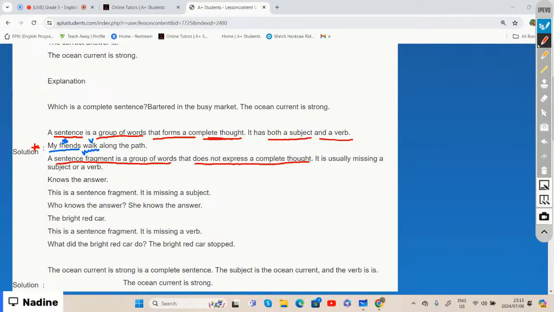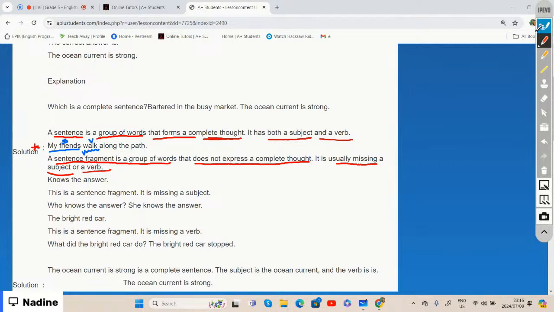And when it comes to a sentence fragment, we said it's usually missing a subject or it's missing a verb, right? So which means that it looks like a completed sentence, right? But it's either missing a subject or it's missing a verb, meaning that within that sentence, there's either only a subject but no verb, or there's only a verb but no subject.